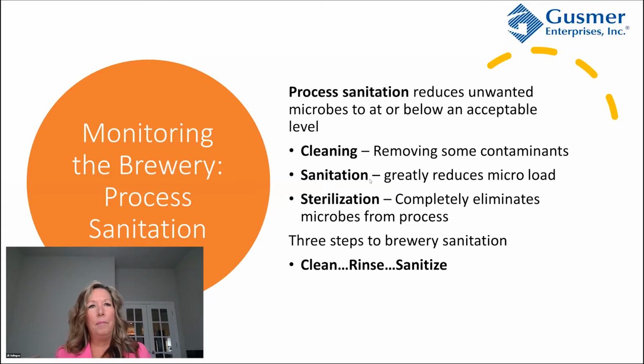So maybe every 3 months or so, because what happens is the bacteria become resistant to the sanitizer. So just kind of switch sanitizers every so often. And the 3 steps to brewery sanitation are clean, rinse, and sanitize.